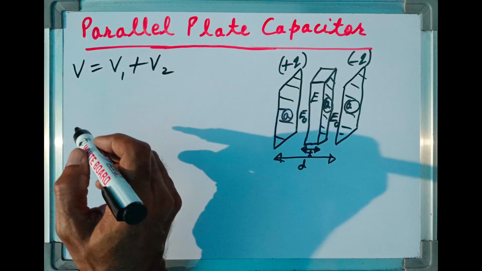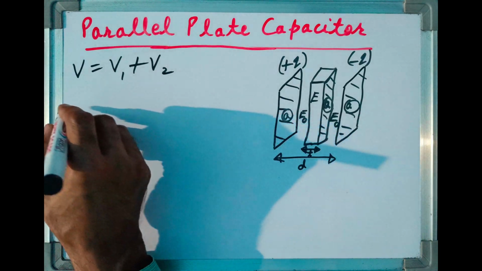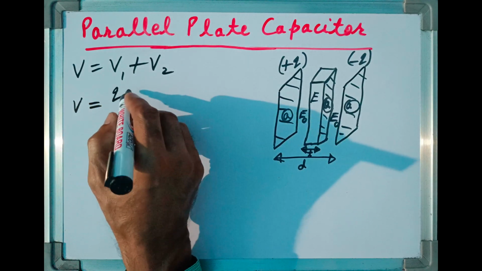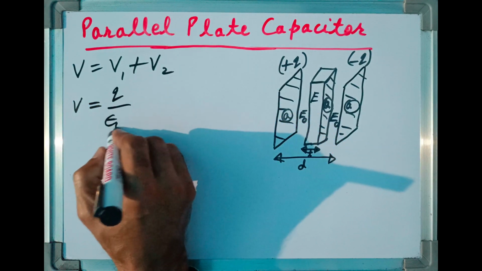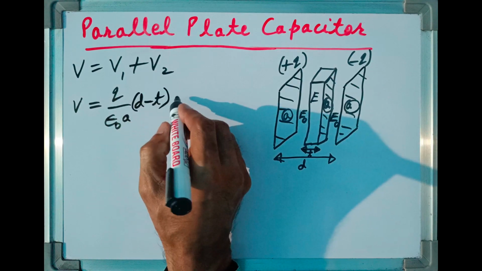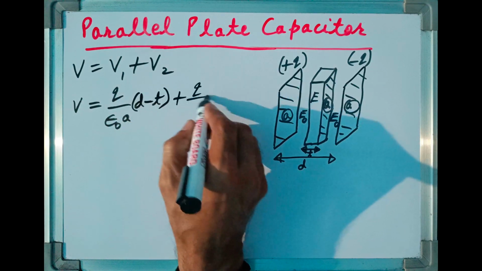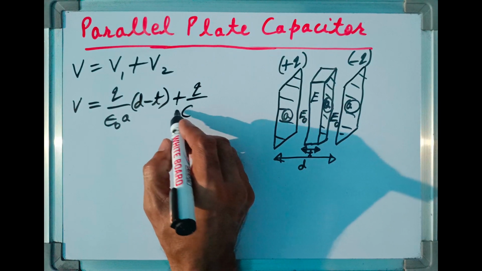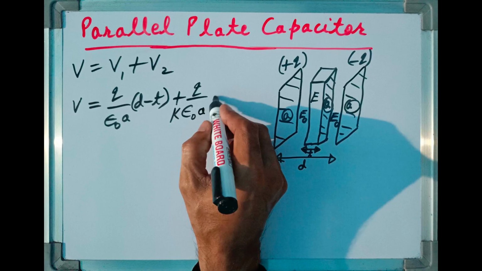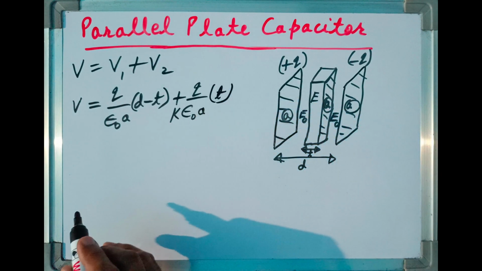After putting the values of V1 and V2, I can write V is equal to Q upon epsilon naught A multiplied by d minus t plus Q upon K epsilon naught A multiplied with t.